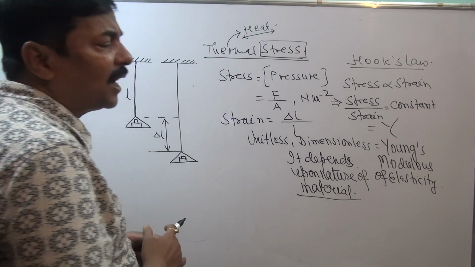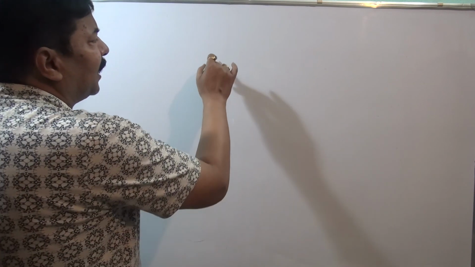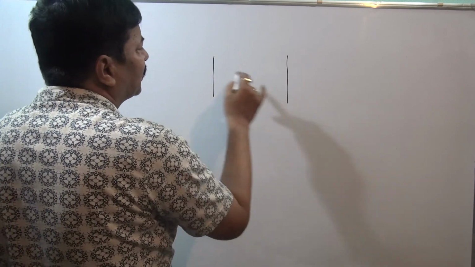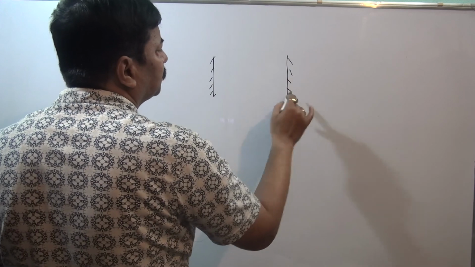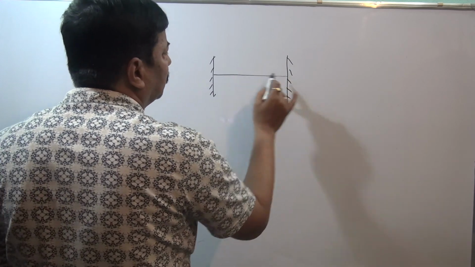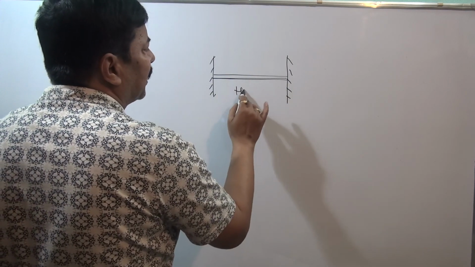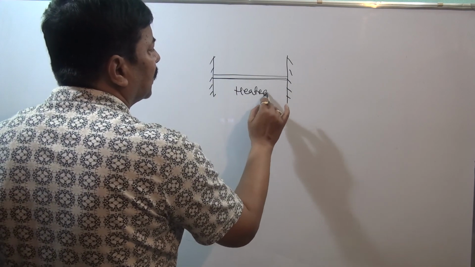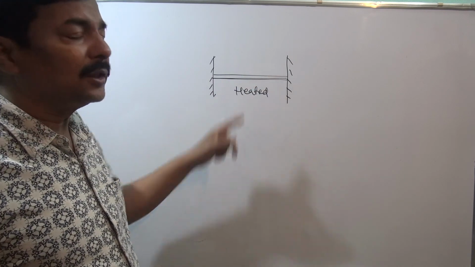Let us suppose that there is a fixed rigid support, and here is a rod. If this is a rod and if it is heated, it will try to expand, but it is not going to expand because it is fixed.